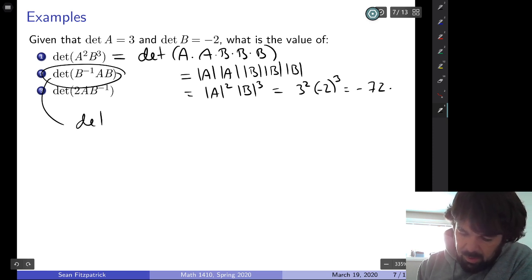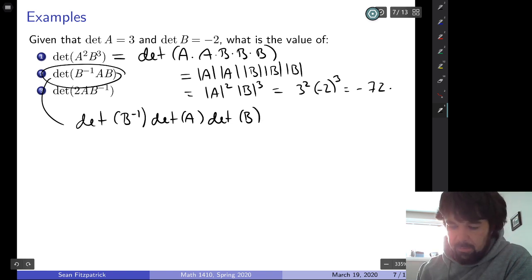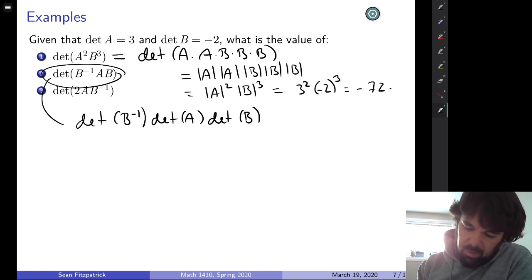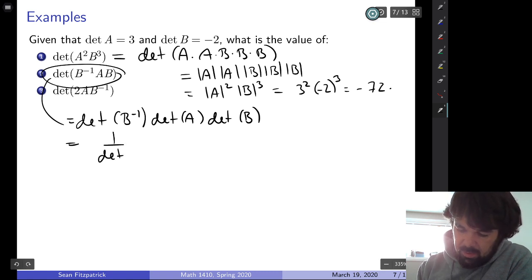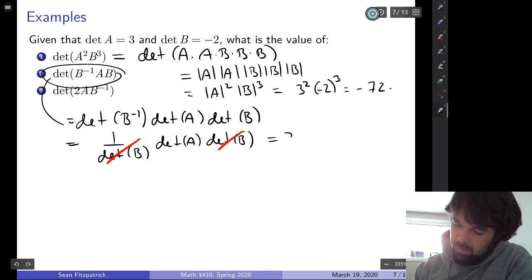Using that product property, we get the determinant of B inverse, determinant of A, determinant of B. But we also know the determinant of B inverse is 1 over determinant of B. And what's interesting here is that we actually get cancellation. We just get the determinant of A, and the determinant of A is 3.